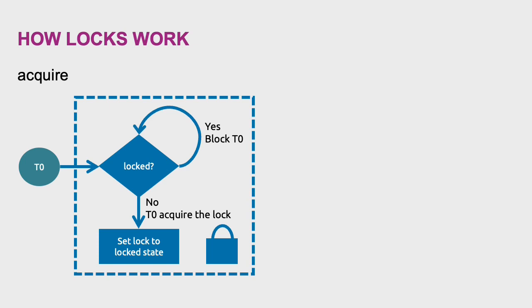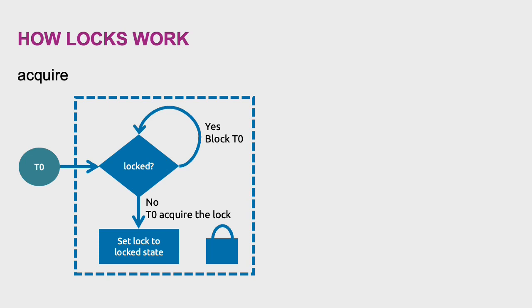Basically, when a thread wants to acquire the lock, it must check whether it's actually open or closed. So, if the lock is currently locked, so if it is closed, the thread has to wait, it keeps on waiting as it is blocked on the lock.